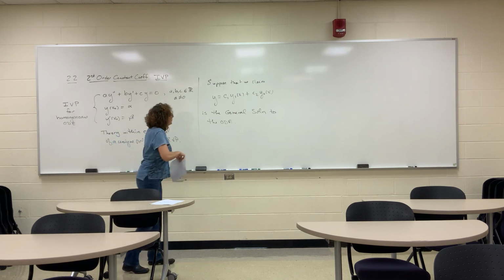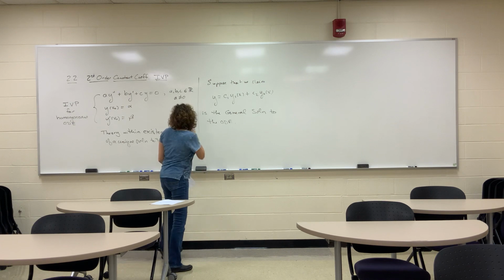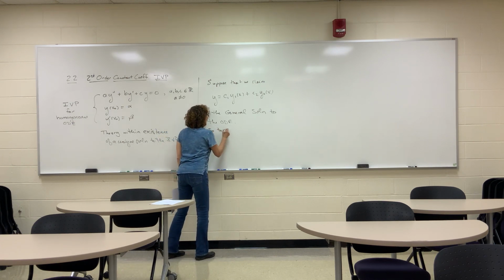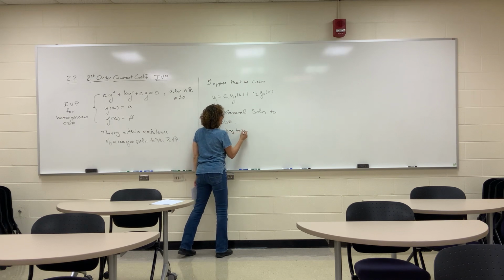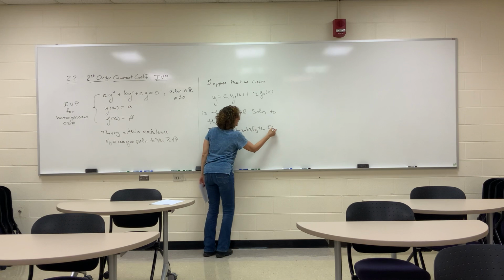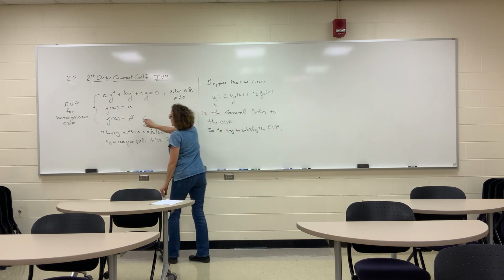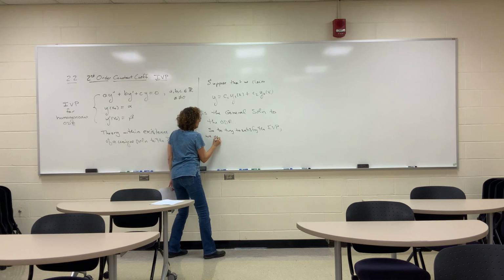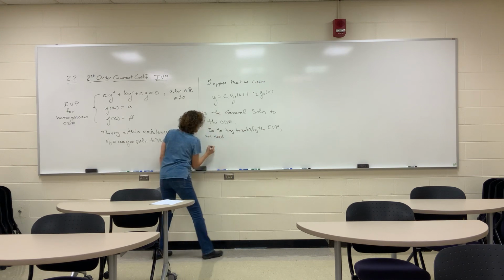So then what if we want to try to satisfy the initial value problem, right? Well, we're going to need to know what y prime is because we have to plug into there, right? We need y prime, so let's write that one down.